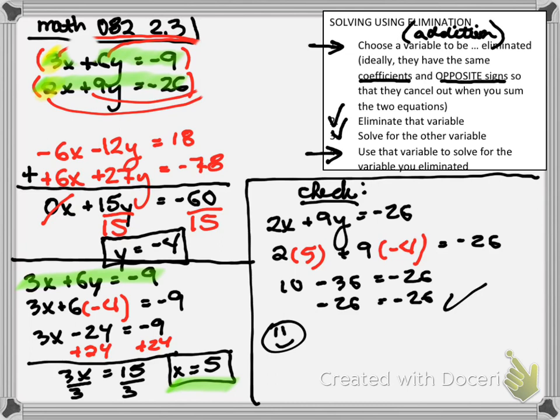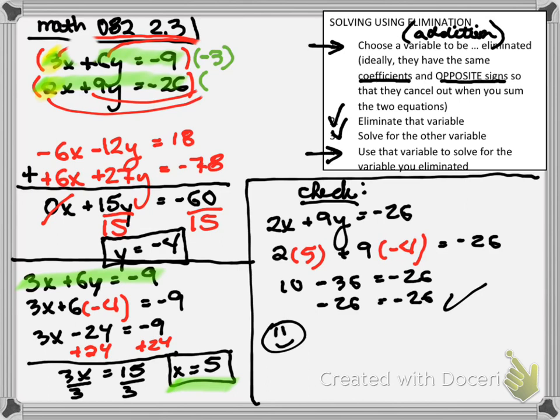What we could have done instead, use a green color, to eliminate 6 and 9, we could have multiplied this guy by, I think you would have had to multiply this guy by, I want to say, either positive or -3.